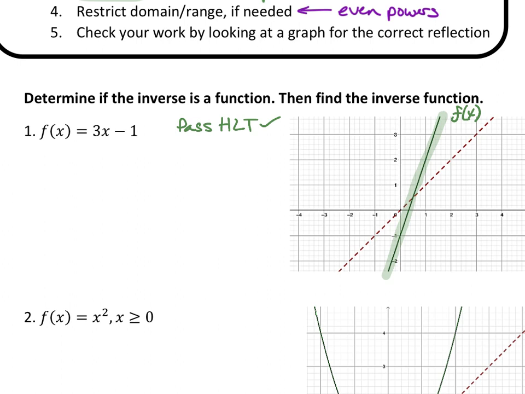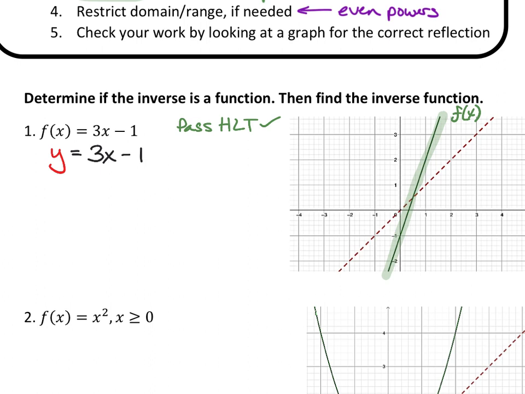Fabulous. We keep going. My next step says to switch f of x with what? Step number 1. Replace f of x with y. So I'm just going to rewrite this to where f of x is y and literally do nothing else. Check. Easy step.